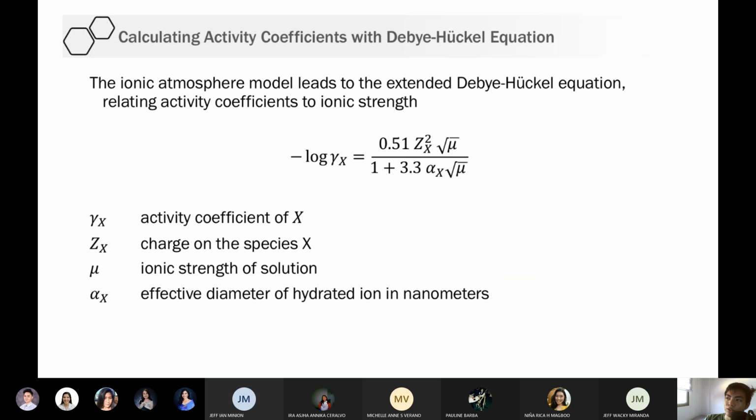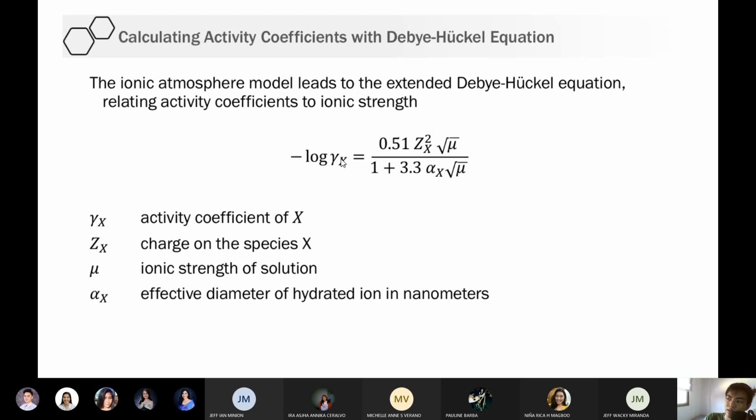The Debye-Hückel equation relates the effect of the charge, the ionic strength, and the hydration sphere to your gamma value. All of them play a role in what the value of gamma will be. Your charge Z, your ionic strength mu, and your hydration sphere alpha all have an effect on gamma.